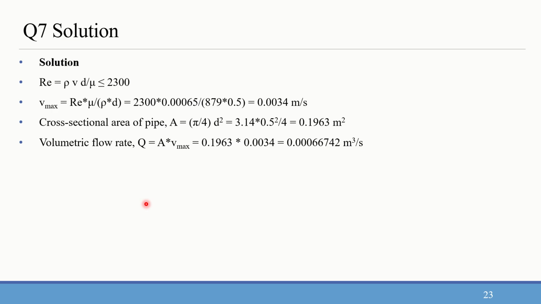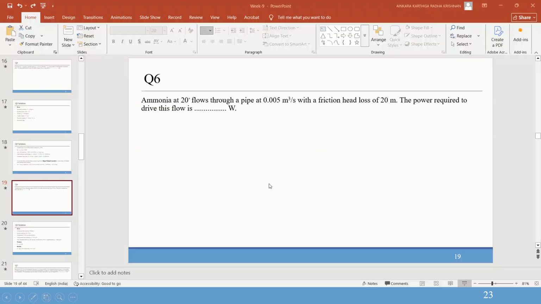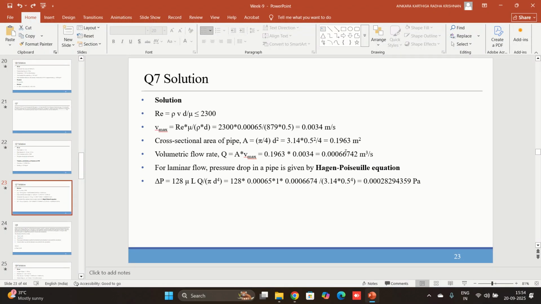Q is equal to V into A. So it is 0.1963 into 0.0034. It is 6.67 into 10 power minus 4, or 0.00067. Now we can actually reduce it.